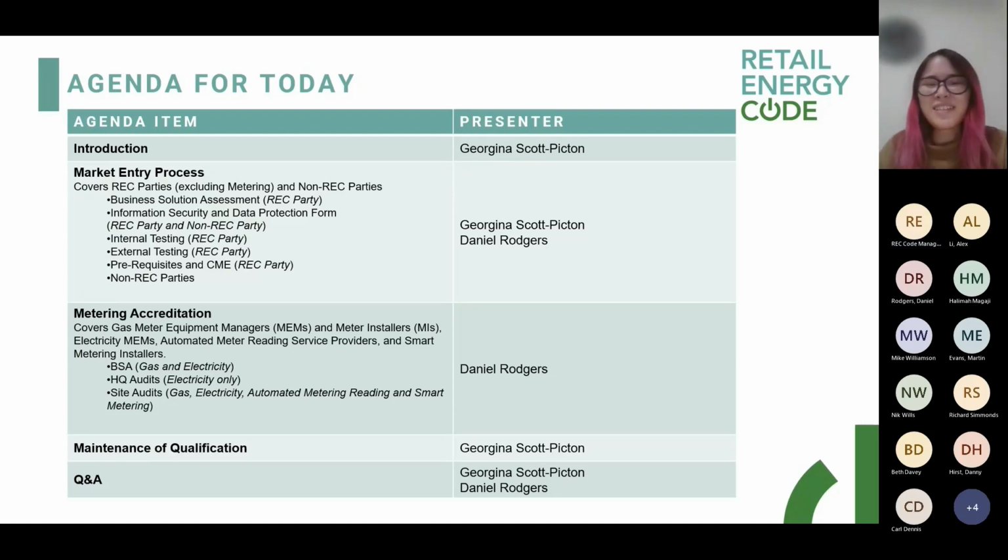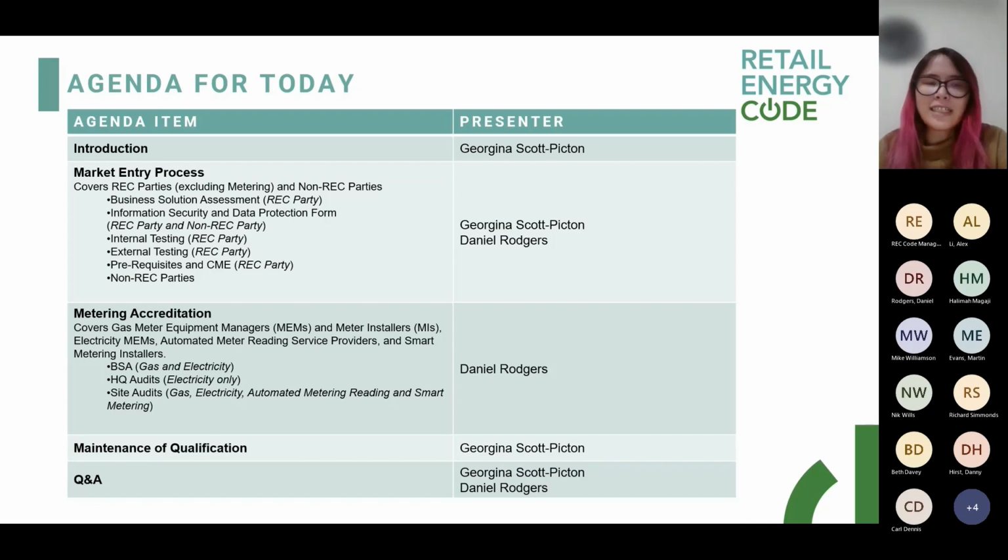Thank you for introducing, Amy. Hi everyone, thank you so much for attending today's session with us. We'll be covering 3 different elements of the market entry process. Of course, we have the standard market entry process for suppliers, distribution network operators, and non-REC parties.